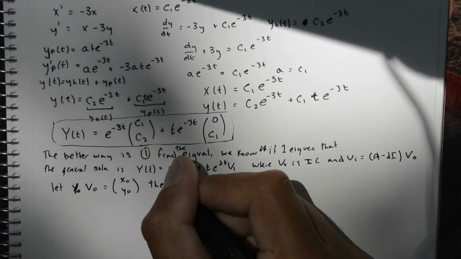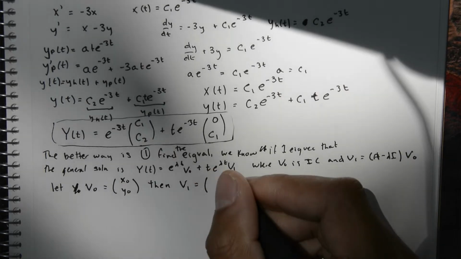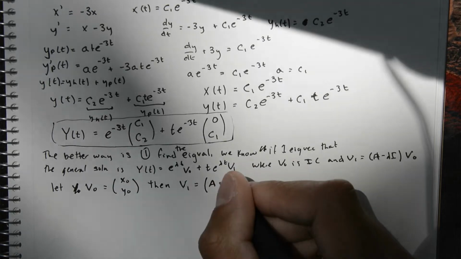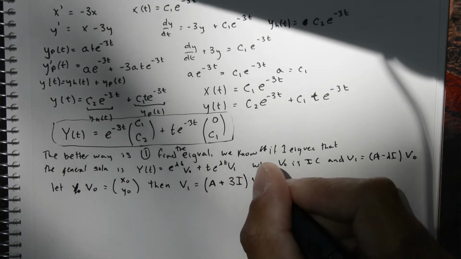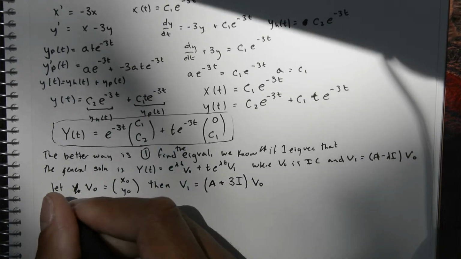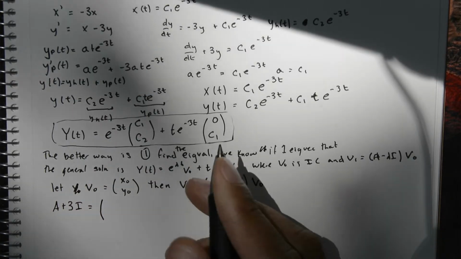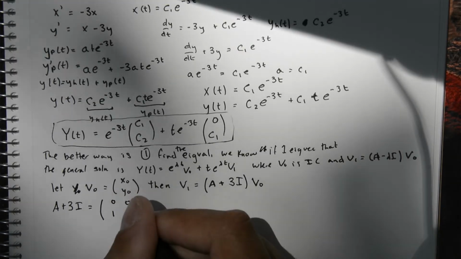Then v1 is going to be equal to A minus, and what is our eigenvalue? So it's going to be A plus 3I times v0. So A plus 3I is equal to the matrix 0, 0, 1, 0.